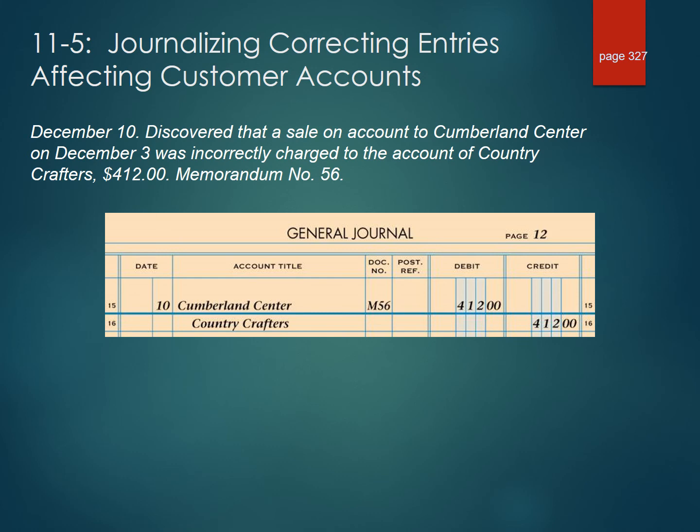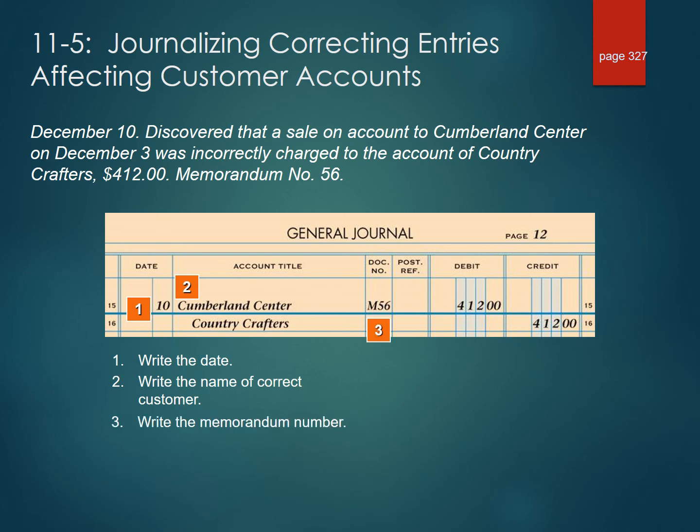11-5, journalizing correcting entries affecting customer accounts. We discovered on December 10th that a sale on account to Cumberland Center on December 3rd was incorrectly charged to the account of Country Crafters, $410, memo 56. 1, we will write the date. 2, we will write the name of the correct customer, which was Cumberland Center.